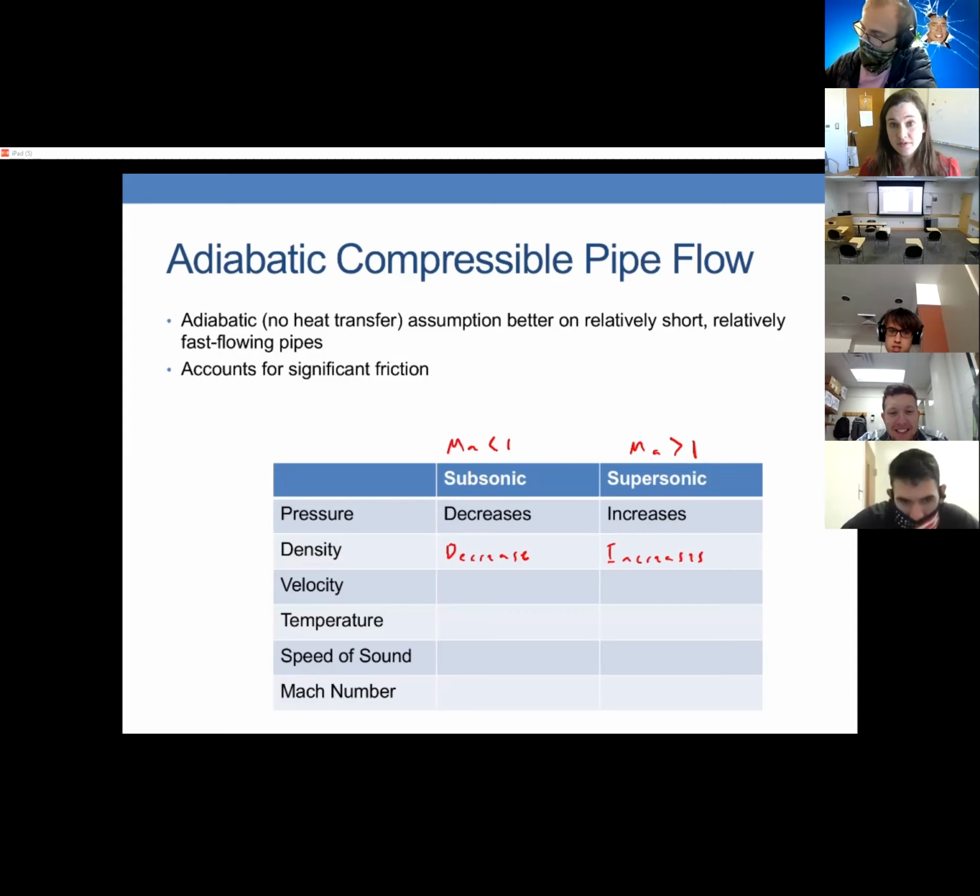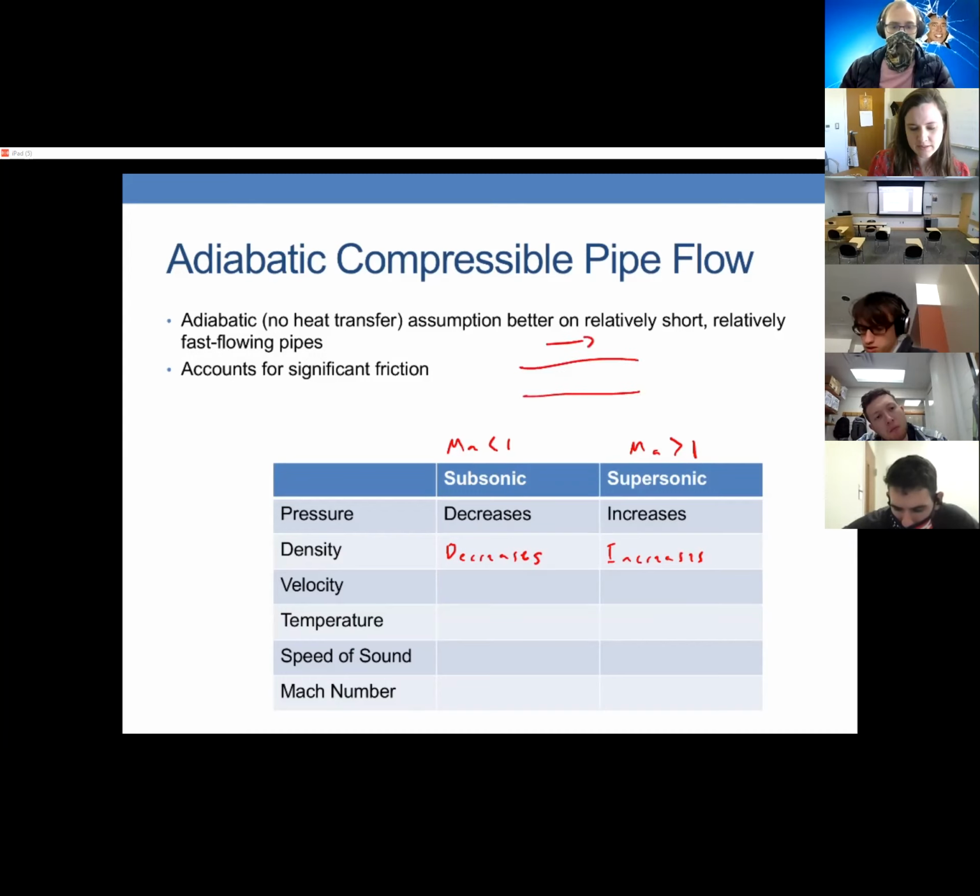Okay, from what we know about conservation of mass, if density decreases, what should happen to velocity? This is adiabatic compressible flow going this way.